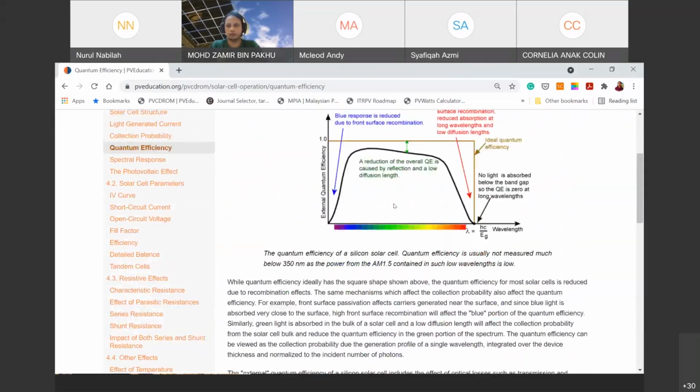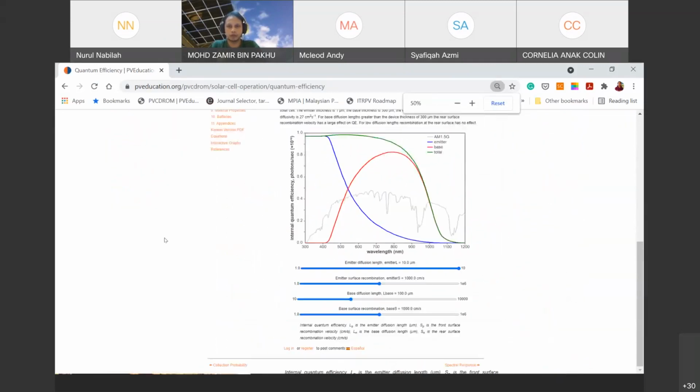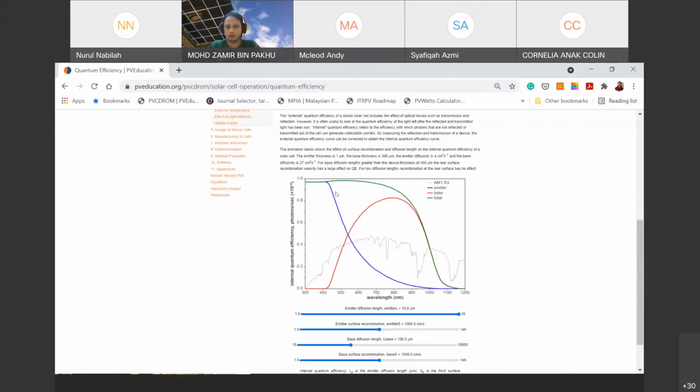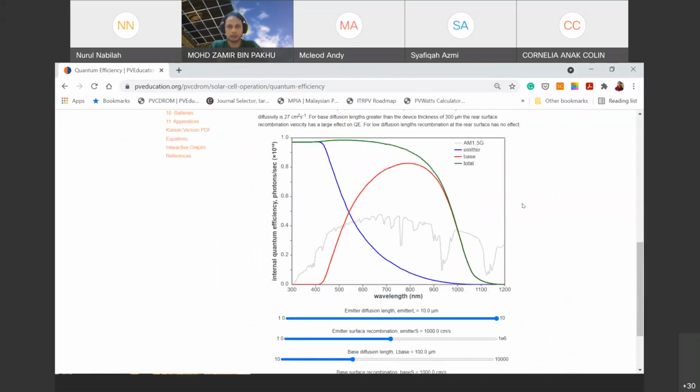Okay, this is the EQE we discussed yesterday. Let me just zoom out a little bit to show you. So EQE here is the green curve, the total curve. This green curve is a result of the summation of this blue curve, the EQE of the emitter in the solar cell, say your N-type is now your thin layer, plus the EQE of your base, the collection in the wafer.